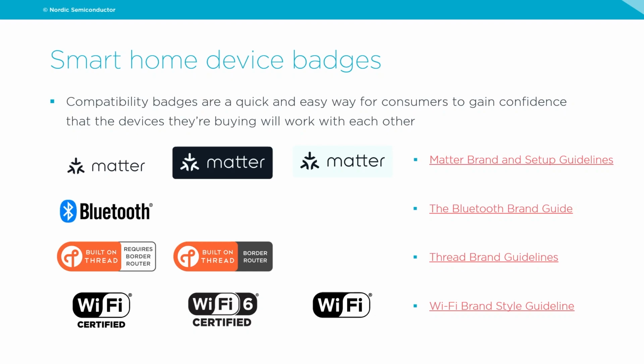On the side of the slide are links to all relevant brand and setup guidelines. Please note that Thread has separate badges for Thread border routers and end devices. Matter over Thread end devices should carry the Thread badge with the requires border router mark to help consumers know they will need a Thread border router, often built into many smart home hubs and devices.